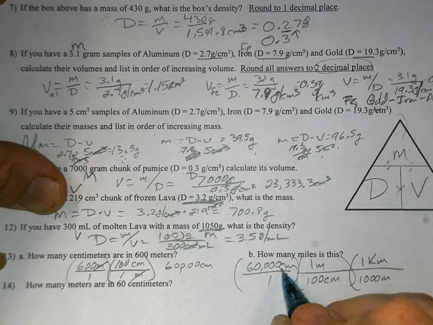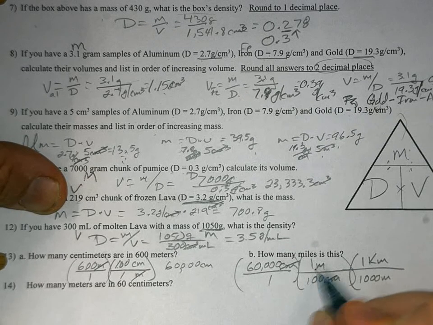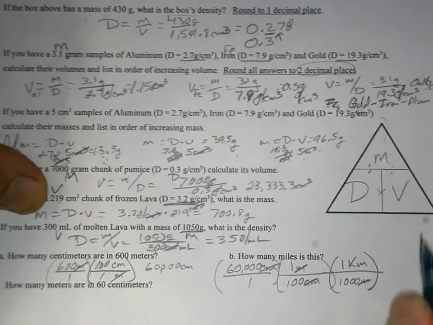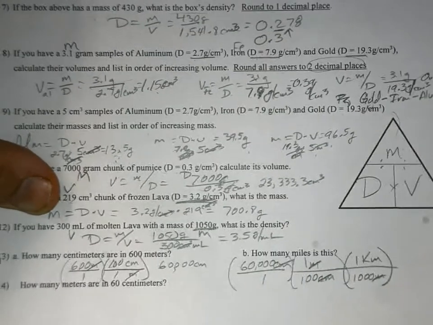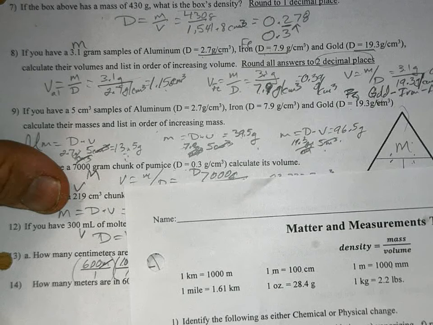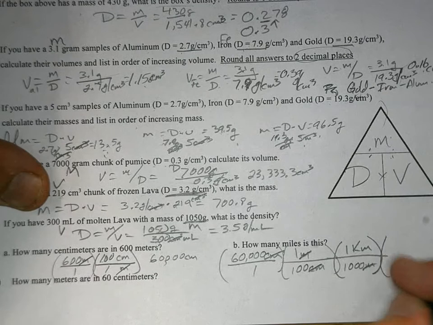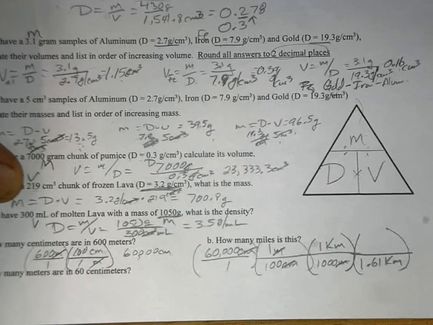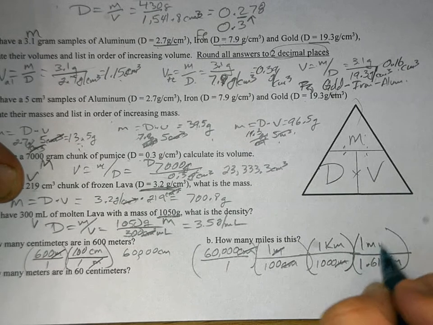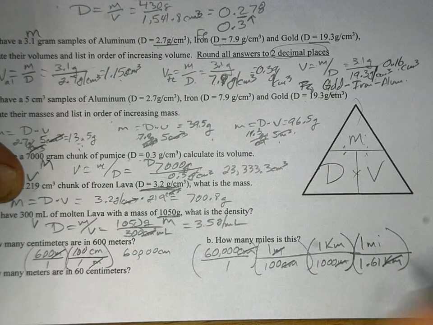Now the centimeters cancel, the meters cancel, and then there was a conversion up there at the top that says 1 mile is 1.61 kilometers. The kilometers cancel.